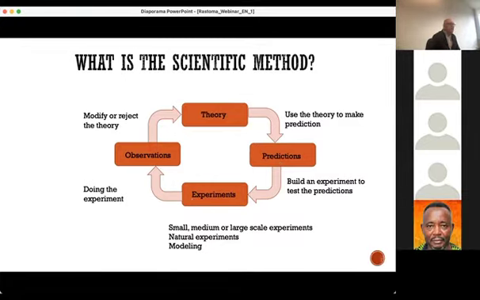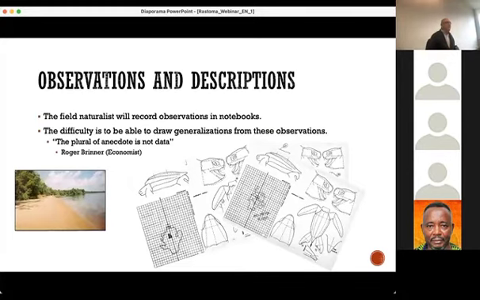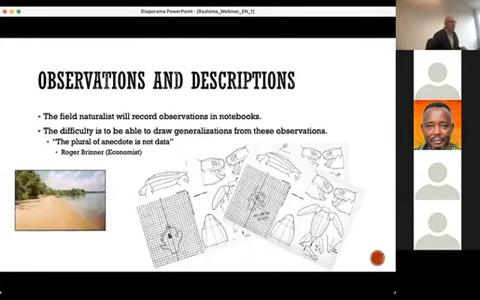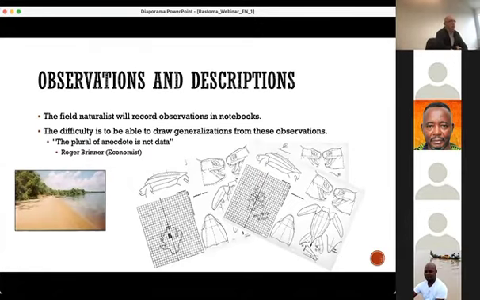Now we will see these four ways to make science applied to marine turtles. First, when you are doing science applied to marine turtles, you can do some observations, some descriptions. Here you see a beach. This is a beach in French Guiana. This is some field work.